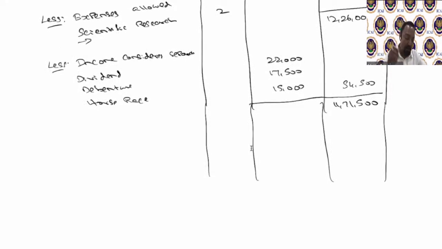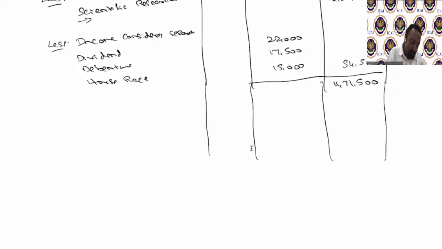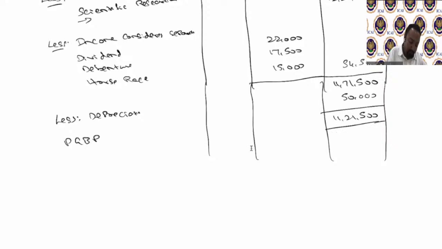Otherwise, you can do it separately also. So less depreciation 50,000. So 11 lakh 21,500. That becomes your PGBP. Then you have IFOS. IFOS is 54,500.